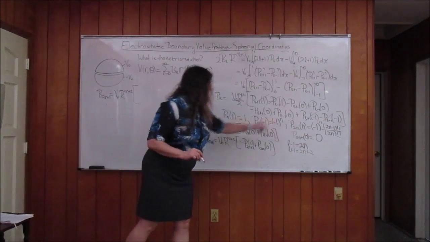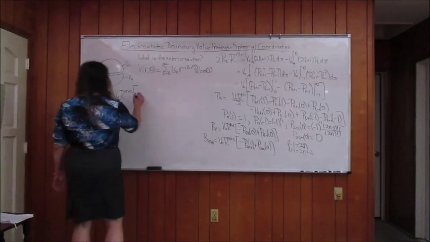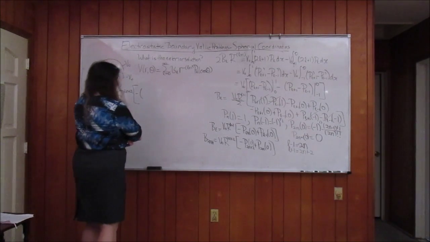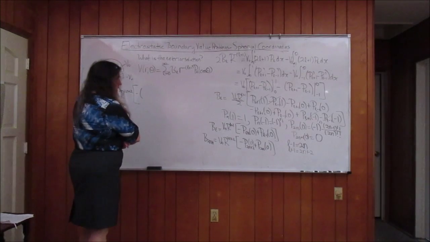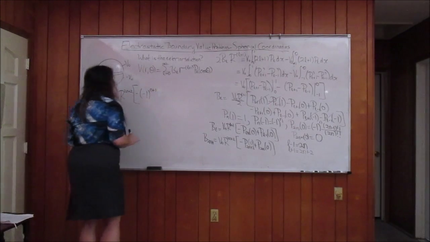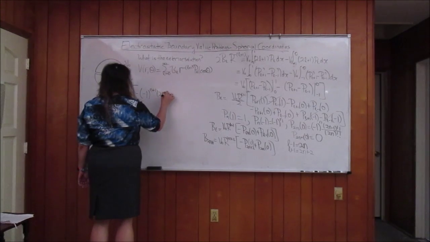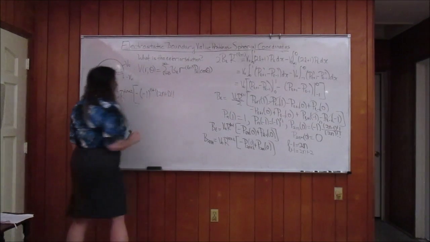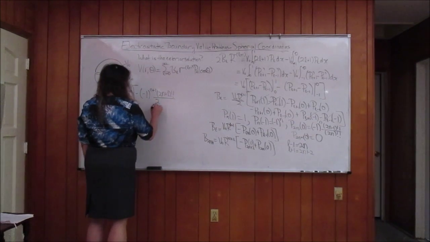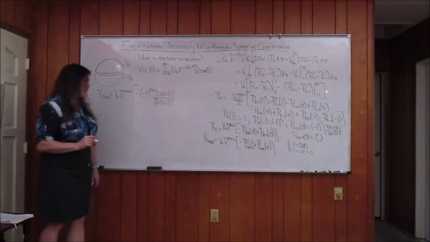Substituting in for the Legendre polynomial evaluated at 0, in the first case, it's going to give us minus, minus 1 to the n plus 1, n plus 1 double factorial over 2n plus 2 double factorial.